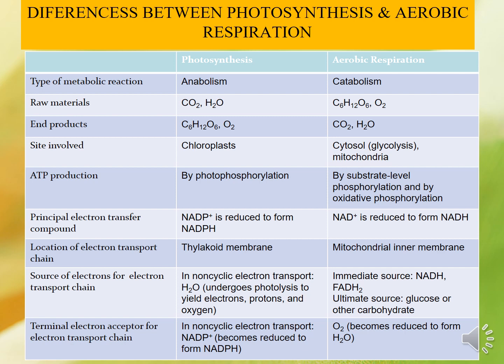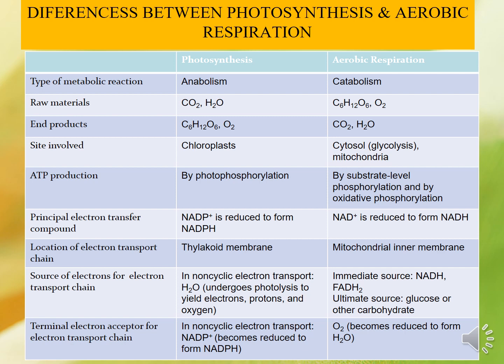So the last one is the terminal electron acceptor for the electron transport chain. In the non-cyclic electron transport, NADP plus is the terminal electron acceptor, where NADP plus is reduced to NADPH.